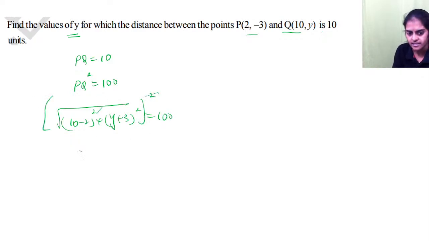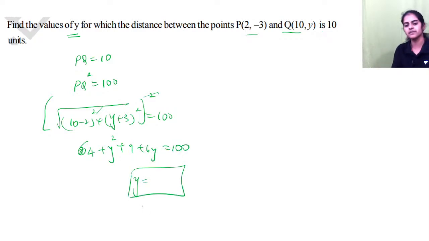Square and root cancel, so you have 8 square is 64 plus y square plus 9 plus 6y equals 100. If you solve, you'll get your y values from this quadratic equation. Is it clear, beta? Let me know.